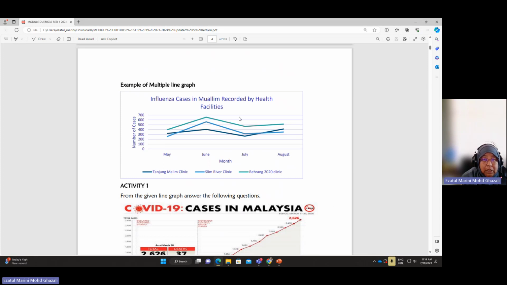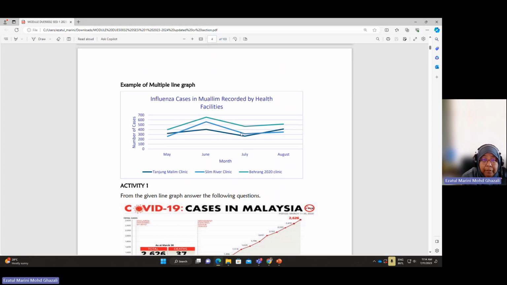In January, the cases dropped to just below 500 in Behrang 2020, slightly over 300 in Slim River Clinic, and almost 300 cases in Tanjung Malim Clinic. It dropped down.